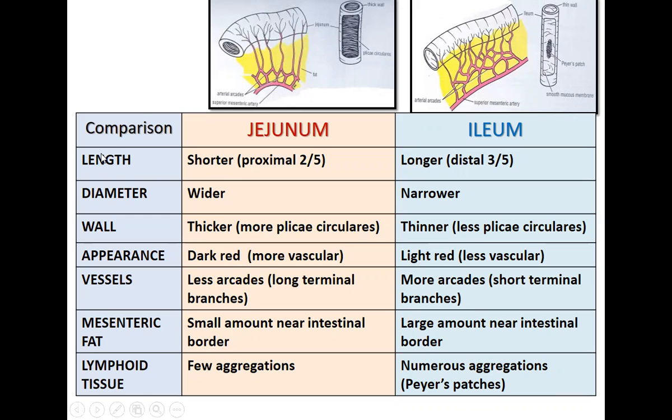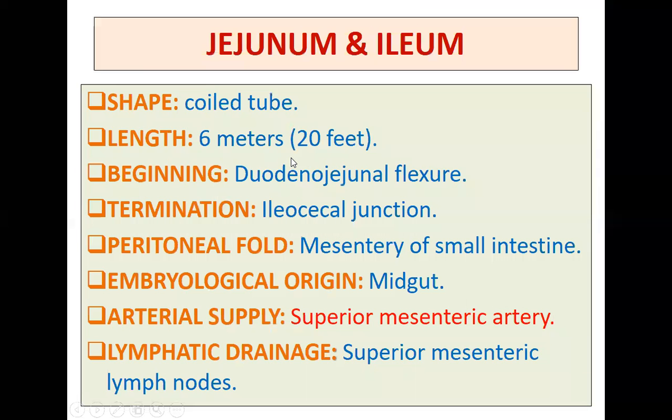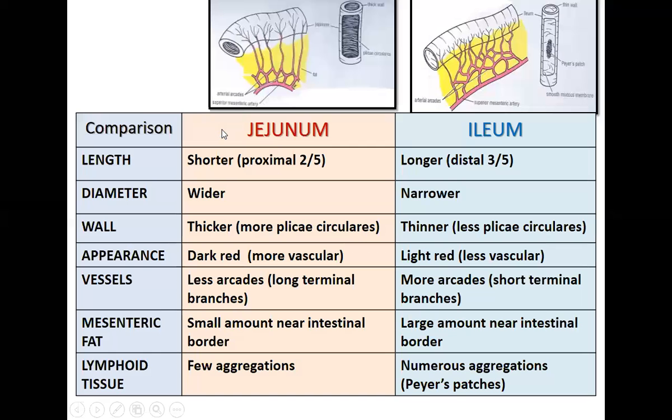One is the length. The jejunum is shorter compared to the ileum, which is longer. Out of the 6 meters, almost 2.5 meters will be for the jejunum, which is approximately 2/5, and the ileum will be 3/5, almost 3.5 meters long.